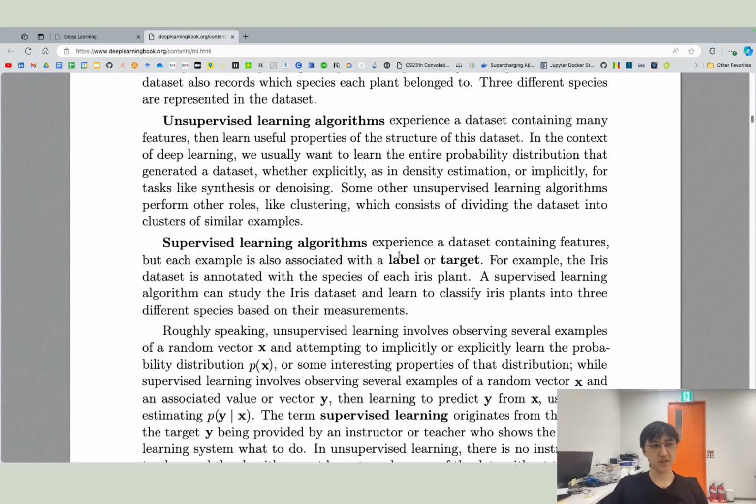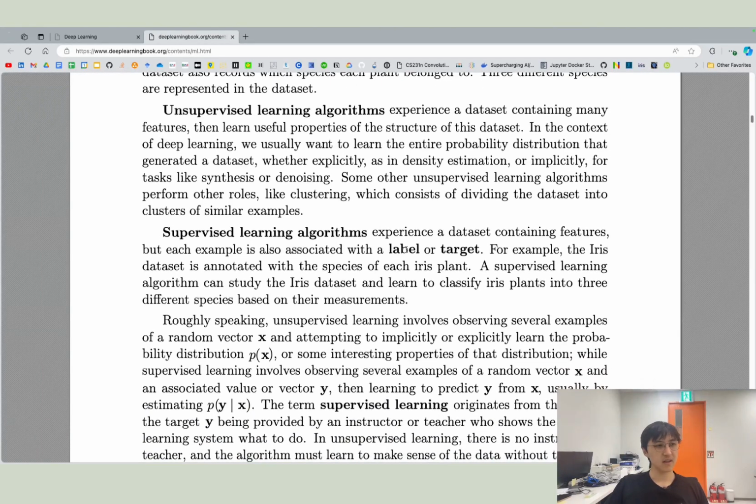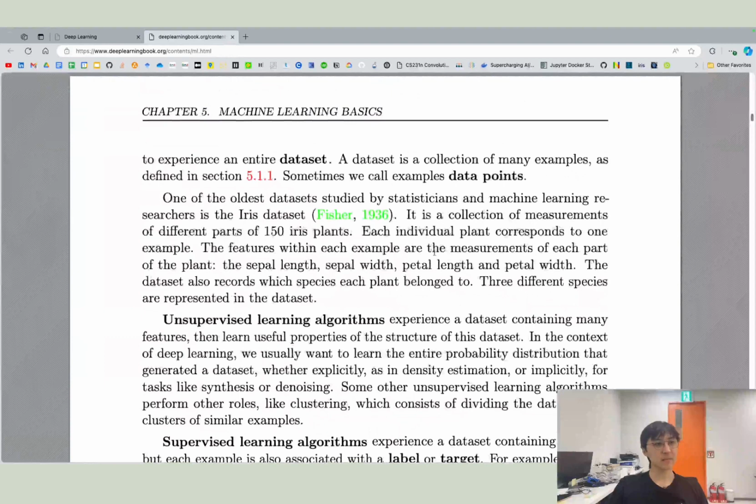In supervised learning, it is label, target. So label or target is that, in a classification problem, we can say the label or target is a cat or dog.